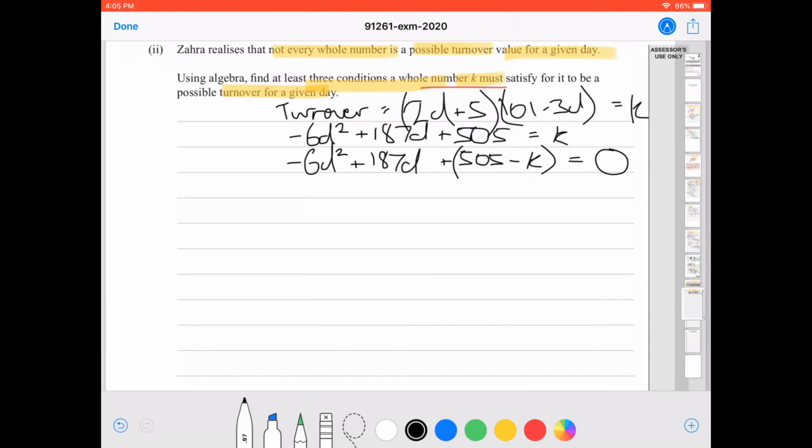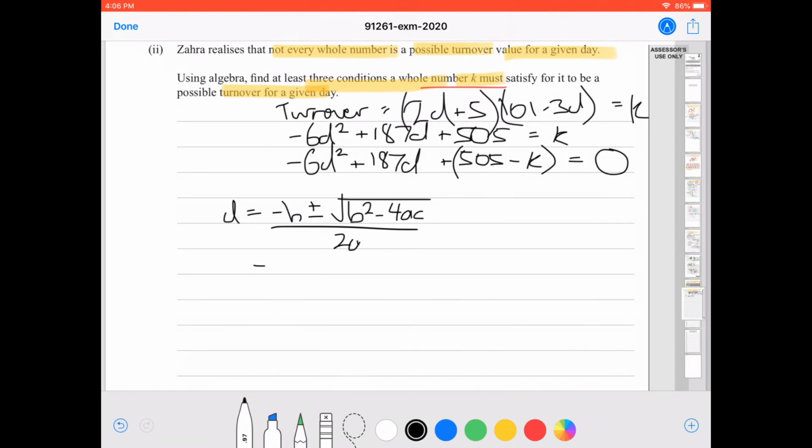Another way of solving quadratics that we haven't used yet in the paper is using the quadratic formula. So that, according to the quadratic formula, I was going to say x equals, but let's say d equals minus b plus or minus the square root of b squared minus 4ac, and this is all over 2a.